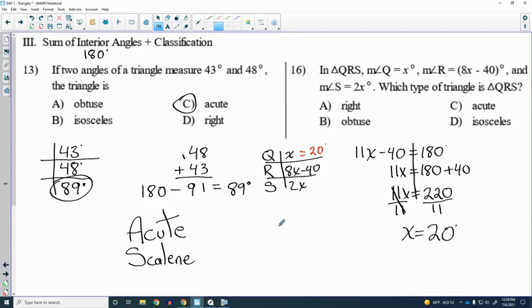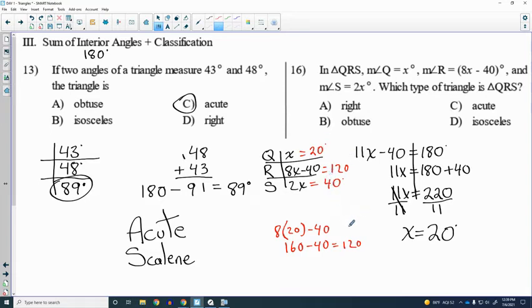So 8X minus 40 is going to be 8 times parentheses, substitute my 20, minus 40, which is going to be 160 minus 40, which is going to be equal to 120 degrees. And of course, 2 times X is 2 times 20, which is easy enough to do in our head, which is 40. Now, before I continue, I'm just going to check to make sure this makes sense. And it does, because 20 plus 120 plus 40 equals 180.